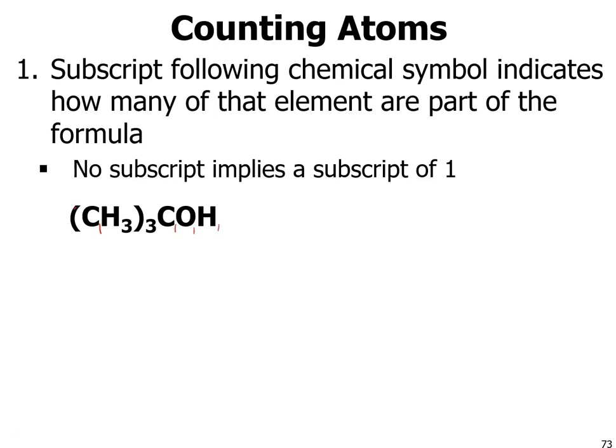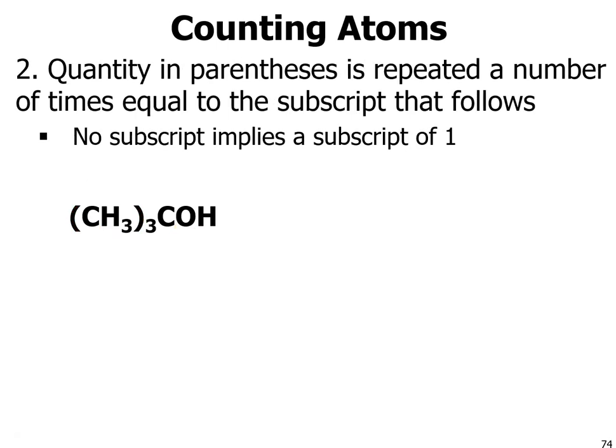Now these parentheses tell us a little bit something about the number of things in that grouping. It's just like arithmetic. If I have this in parentheses and I have a subscript of 3 here, that tells me I have 3 of these CH3 groups. So it's carbon, hydrogen, hydrogen, hydrogen.